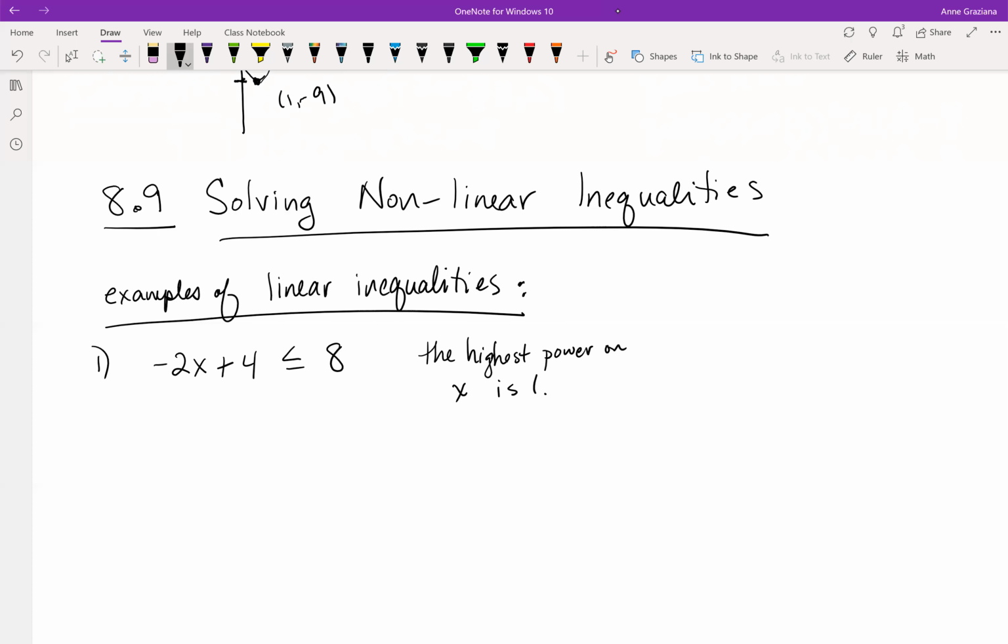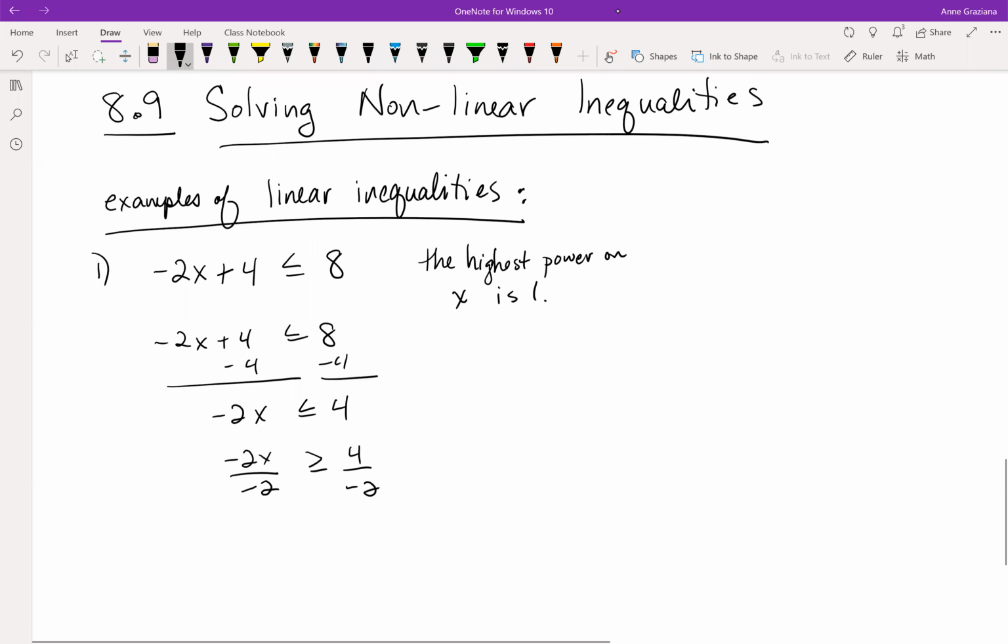And so if we solve this, we just follow the same rules we would for an equation with one little exception. We're going to subtract 4, and then I have negative 2x is less than or equal to 4. And then what happens when I divide by this negative 2? We have to remember to reverse the inequality.